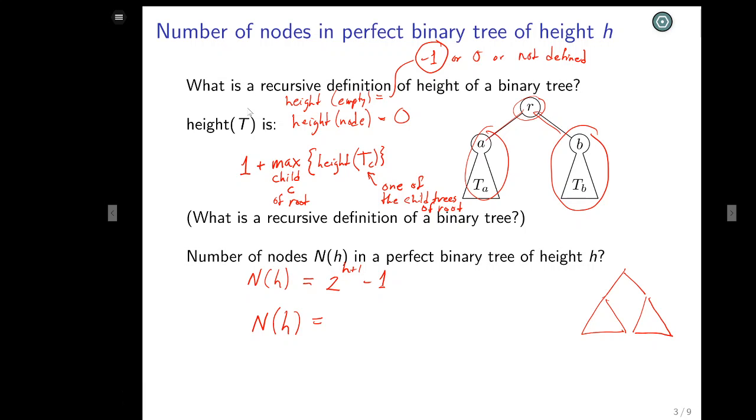So what is the number of nodes in a perfect binary tree of height h, when there are children?